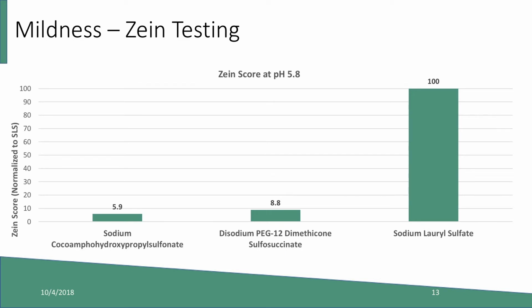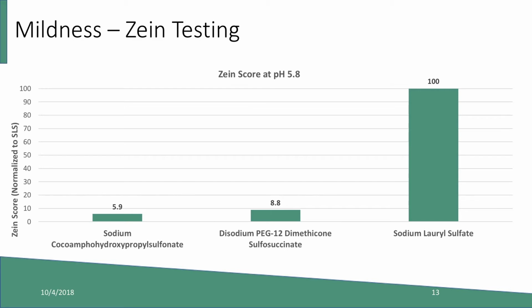To give an idea of how non-irritating it is, we've just given a quick comparison. So you have sodium lauryl sulfate on the right, which is very irritating, given 100. In the center, we have disodium PEG-12 dimethicone sulfosuccinate, which is known in the industry as one of the most mild surfactants, used in wipes and a lot of leave-on applications.